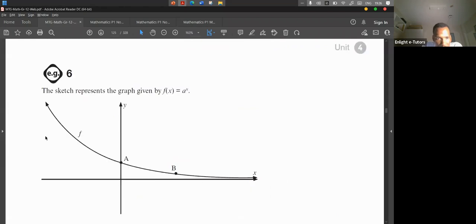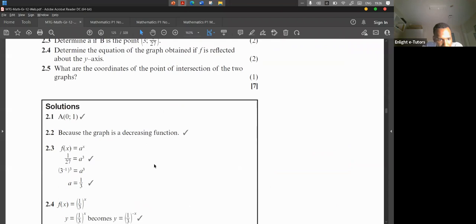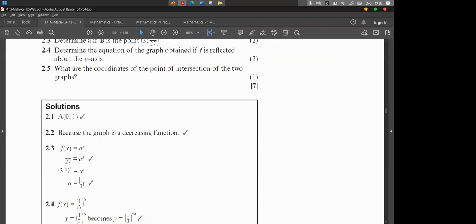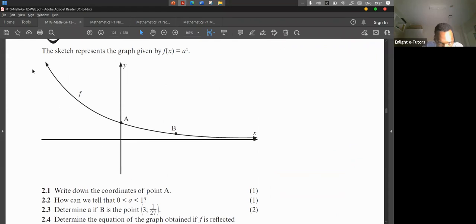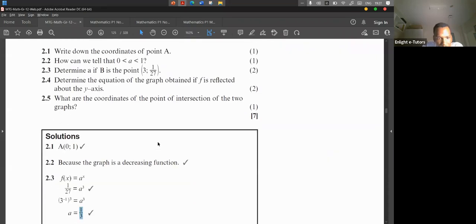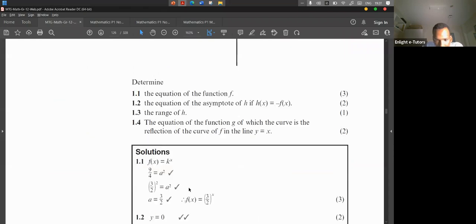You see, this one is going to be negative. Your a is between 0 and 1. You understand? So when it's between 0 and 1, it faces this way. But when it's greater than 1, it faces this direction.